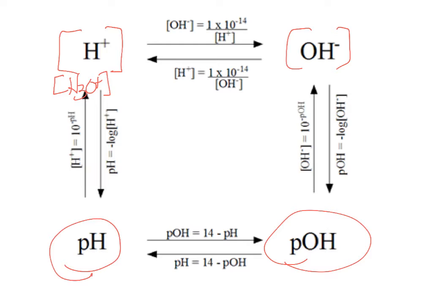And if I gave you, let's say, the pOH of a solution and asked you to find hydronium ion concentration, there are 2 routes to follow to get that answer. One would be to go counterclockwise. In other words, you'd find the concentration of hydroxide first and then the concentration of hydronium. Or you could go the other way.